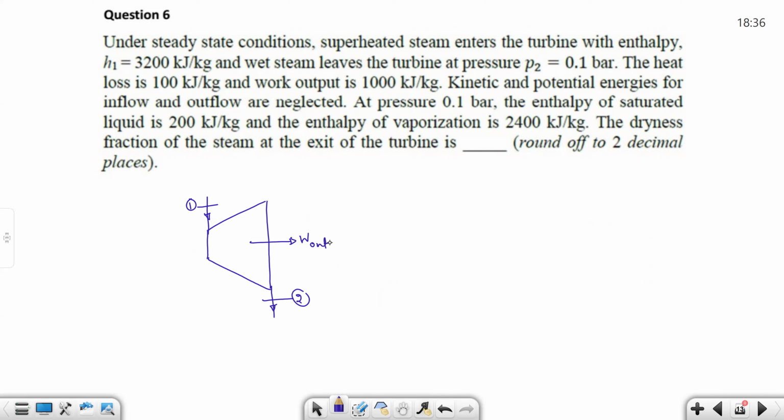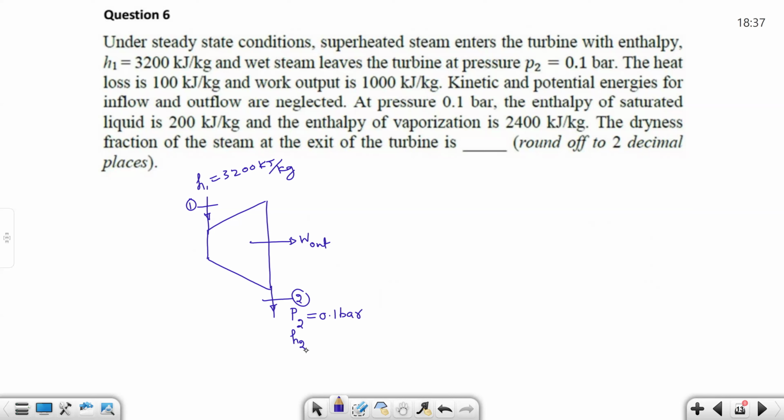Under steady state condition, steam enters the turbine with an enthalpy H1 of 3200 kilojoule per kilogram. Wet steam leaves the turbine at a pressure P2 of 0.1 bar, and enthalpy H2.